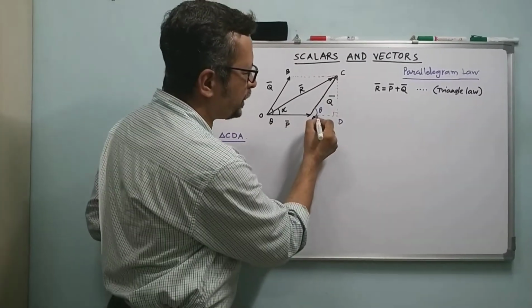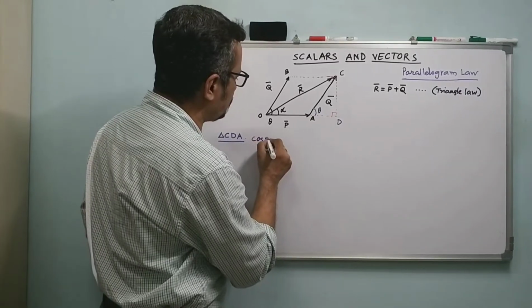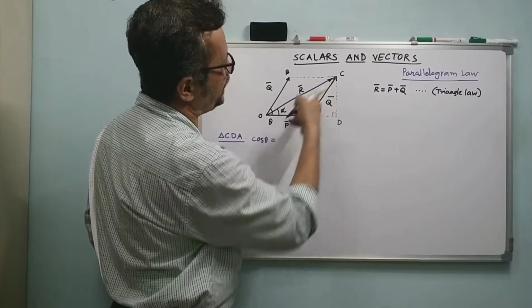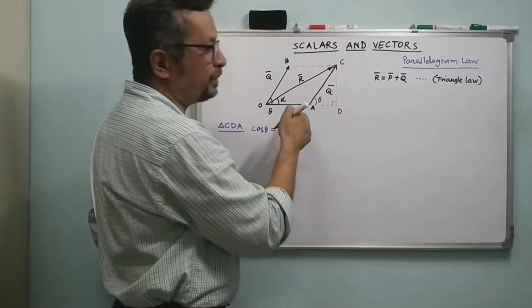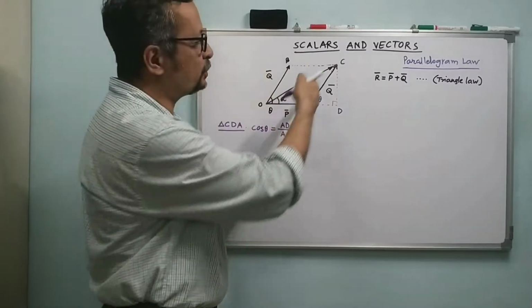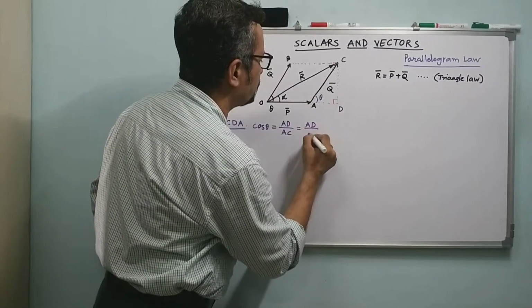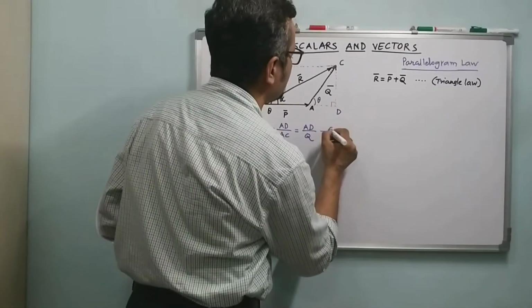So when I'm talking about cos theta here, cos theta would be equal to AD divided by AC. But my AC is equal to Q. So AD upon Q. Correct? I'm calling this number 1.